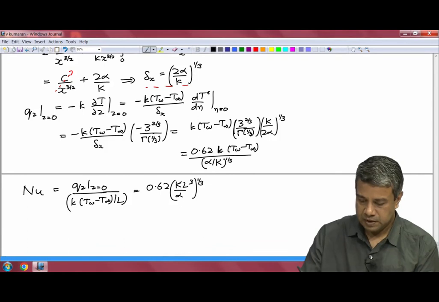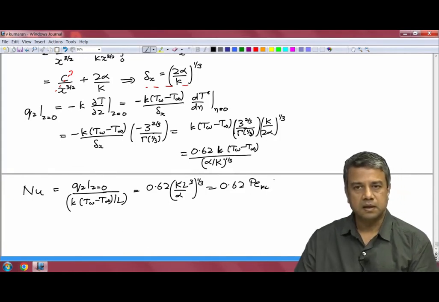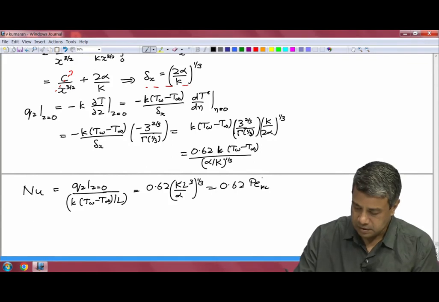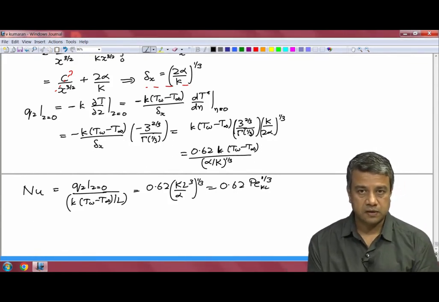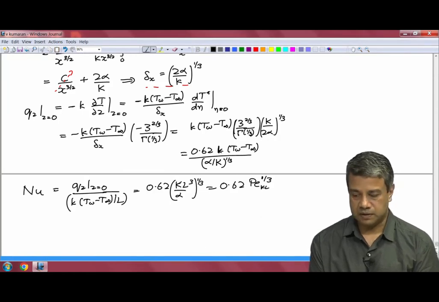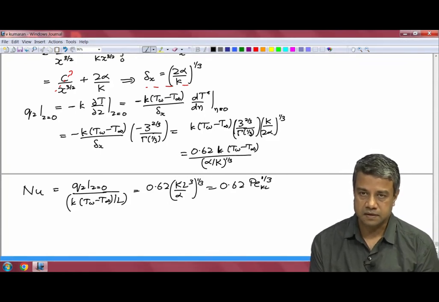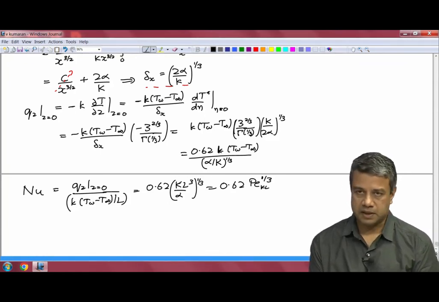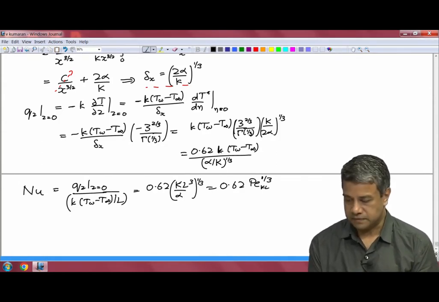So, it is equal to 0.62 into the Peclet number based upon k and L, the parameter k in the expression for the velocity field and the total length of the plate, whole to the 1/3 power. So, this is the correlation for a flow towards a stagnation point, to find out the heat transfer rate under conditions of strong convection. Peclet number power 1/3, as we had expected for the flow past a rigid surface.